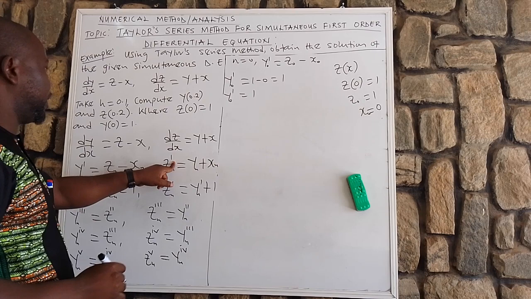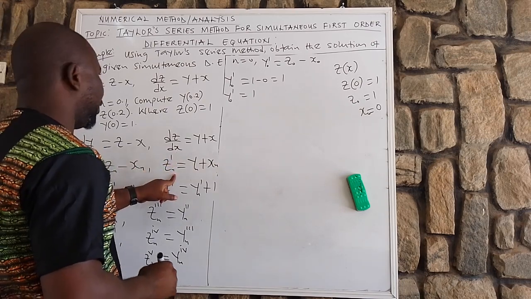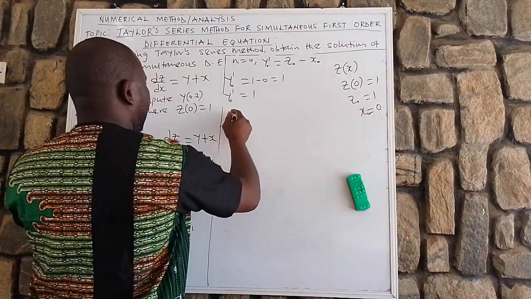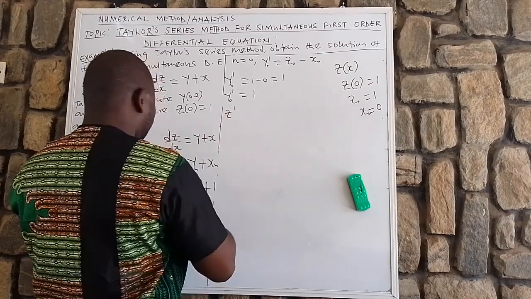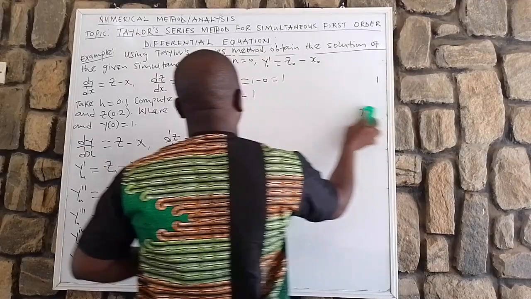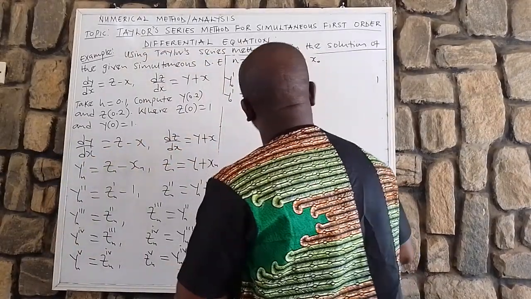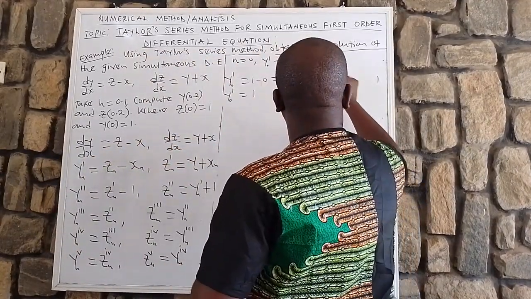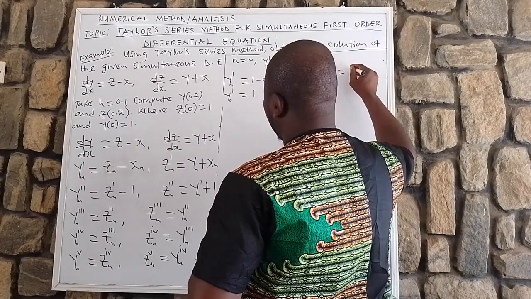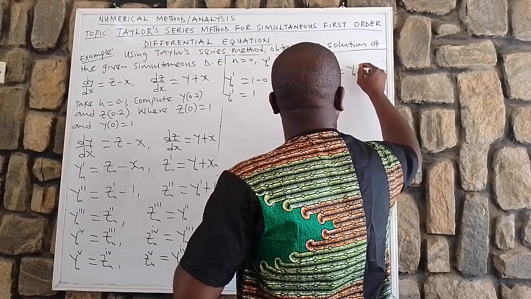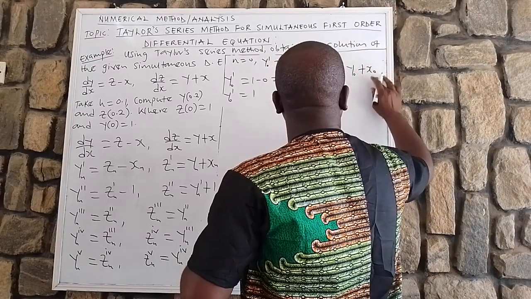Then let's consider z prime naught. If n is 0, it implies that our z prime, okay, let's do it this way. Since we are solving it simultaneously, our z prime naught is equal to y naught plus x naught, isn't it?